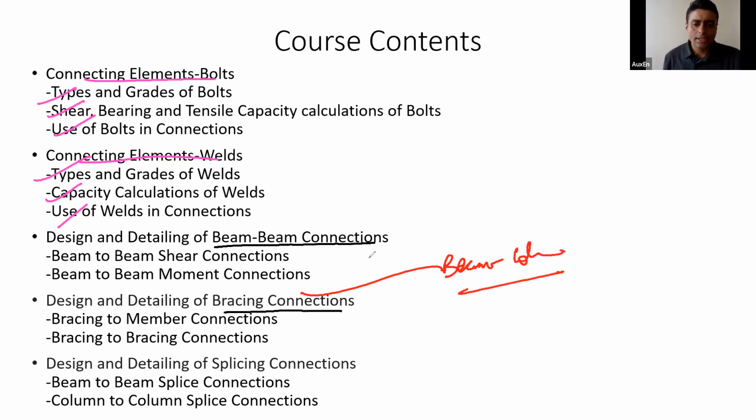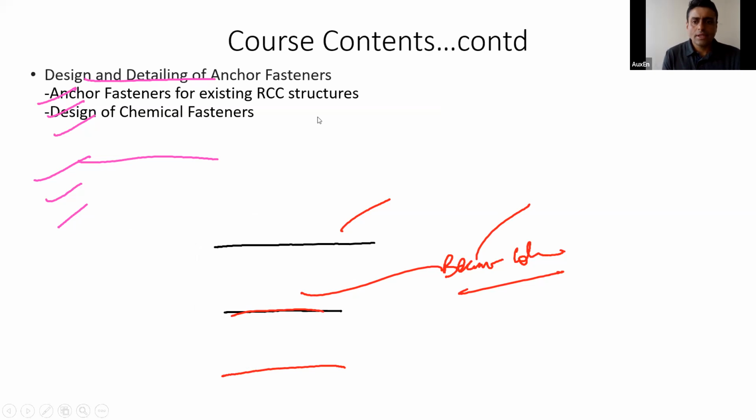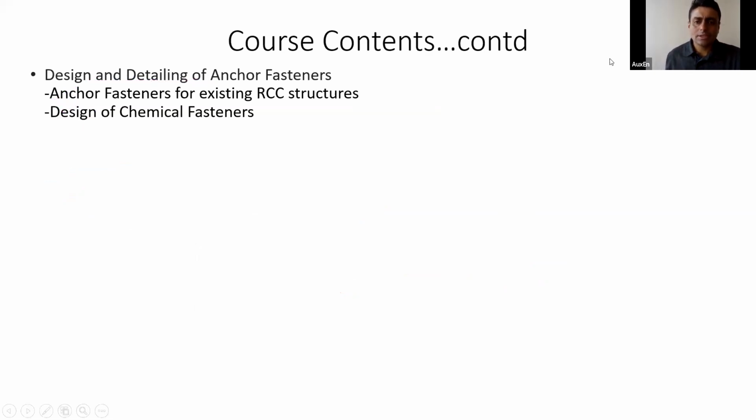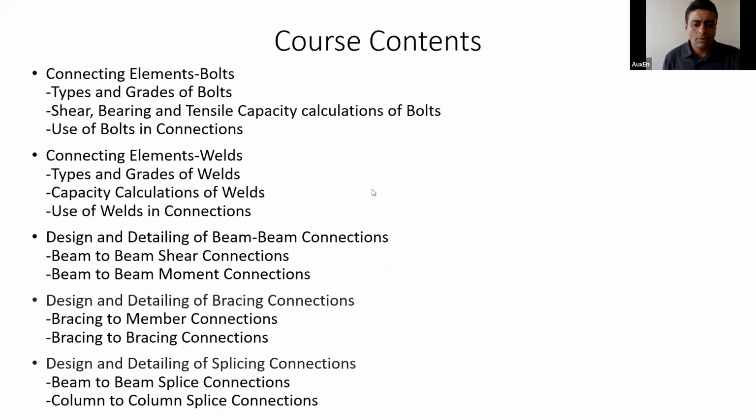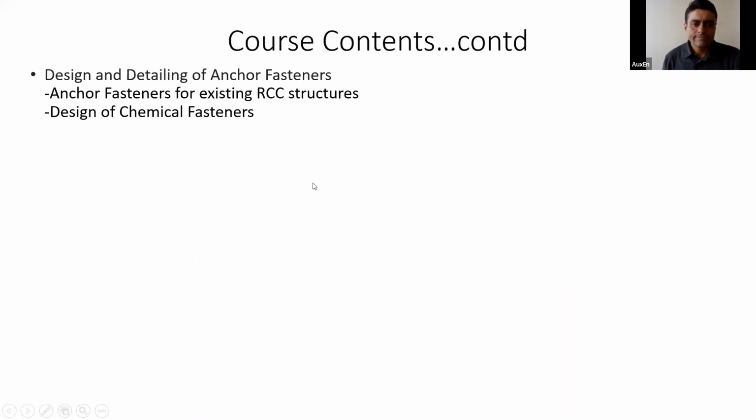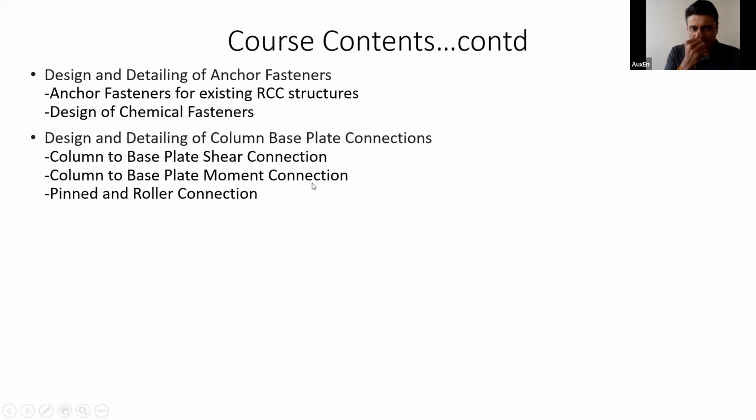There will be a lot of interesting discussions we will be having in the beam to column connections. So beam to beam followed by beam to column, then bracing connections, splicing connections. Then we will be discussing the anchor fasteners. I think some of the participants had suggested that anchor fasteners should be added, so therefore we have added anchor fasteners. Then we will discuss the column base plate connections.